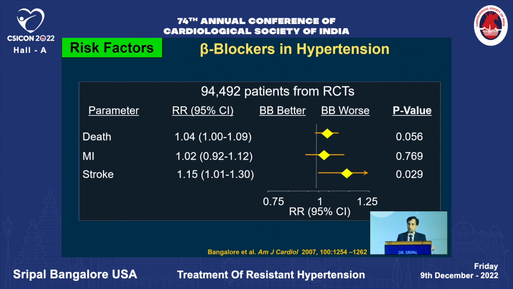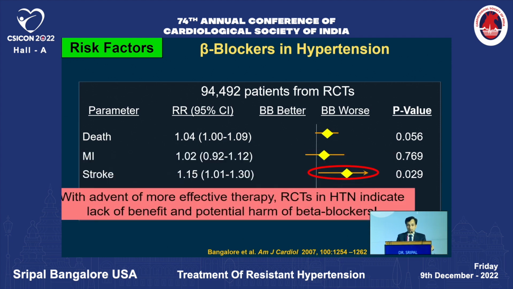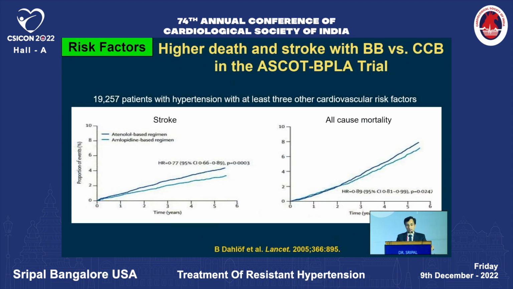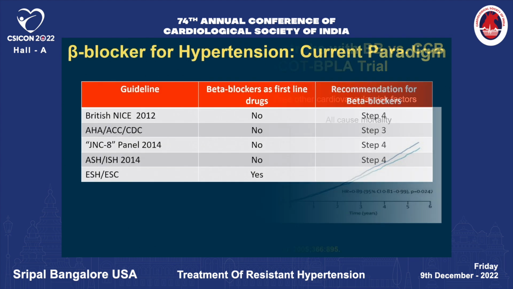If anything, there was an increased risk of stroke when compared to other antihypertensive agents. We saw similar results from the ASCOT-BPLA trial looking at atenolol versus amlodipine. Clearly, amlodipine was superior. Atenolol had higher death and stroke. So if you're using a beta blocker, use a vasodilatory beta blocker, nebivolol, carvedilol, etc.